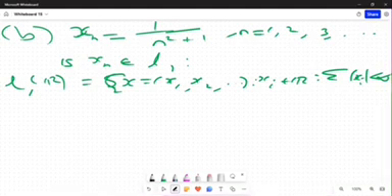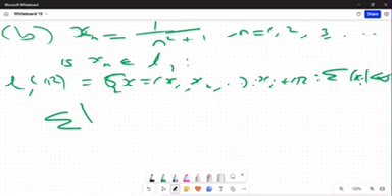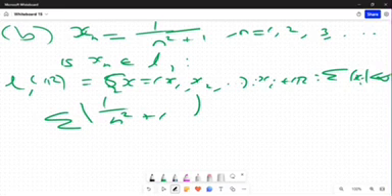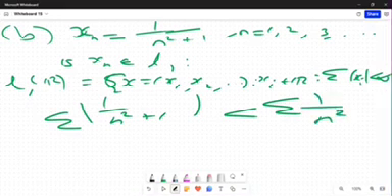So if I do this, the summation of 1 over n squared plus 1 is strictly less than, if you recall, we've done series like this, the summation of 1 over n squared. We know this candidate already. This is a P series with P equal to 2.